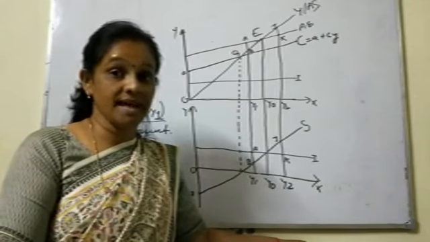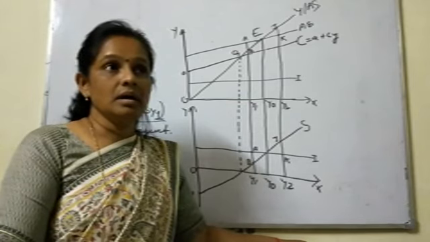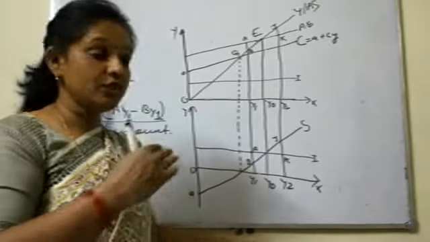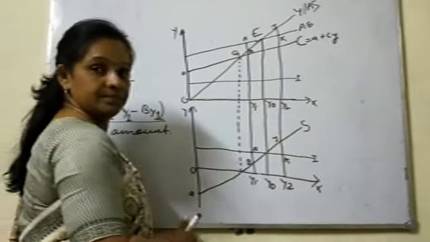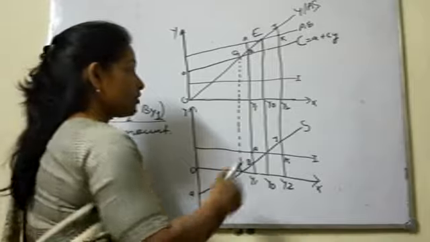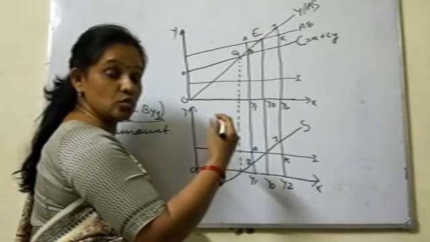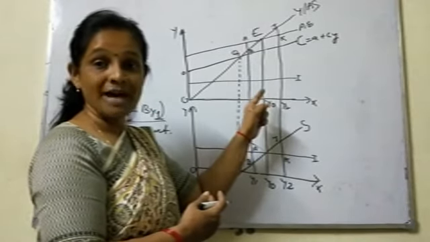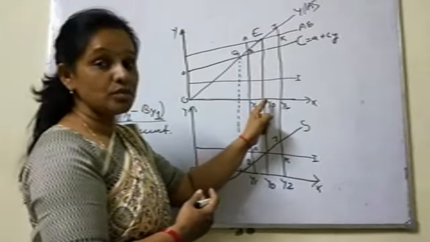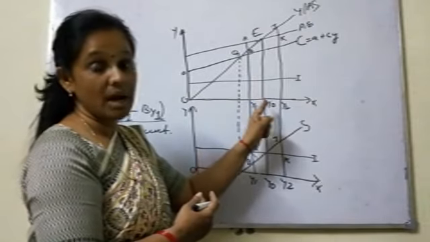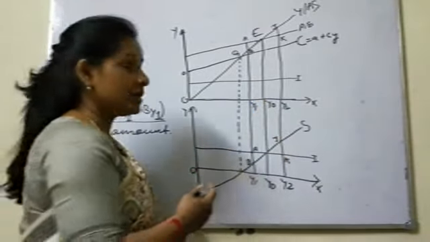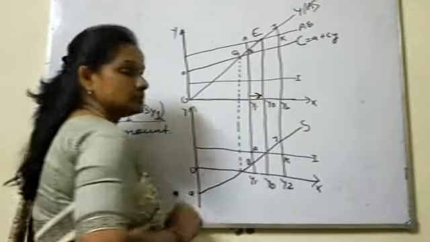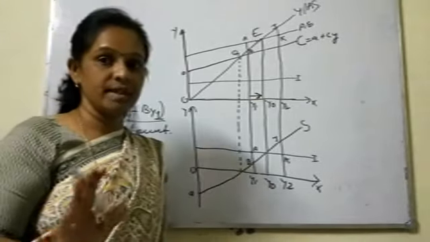Full stop. Then write, hence the level of income will start shifting towards right, and the economy will reach back to the position where aggregate demand becomes equal to aggregate supply. Then you have to draw this arrow. Full stop. So we have explained the second paragraph.